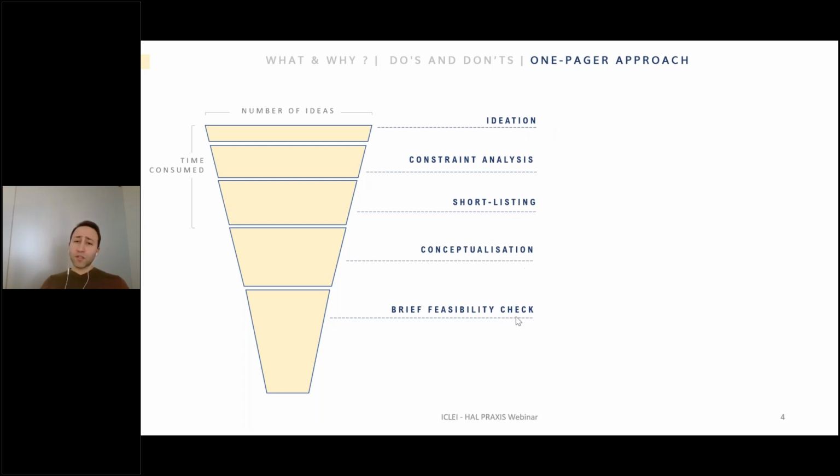And without doing these elements on the way, they end up doing a feasibility study of something that they don't really understand. They never checked if these things meet the minimum constraints that they have. So they end up wasting time.